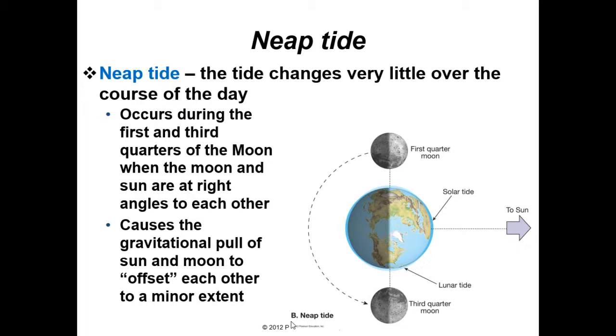The moon and the sun are essentially fighting each other with their individual attractions, and that's offsetting the effect of tides. So very little happens in the way of tides during neap tides.